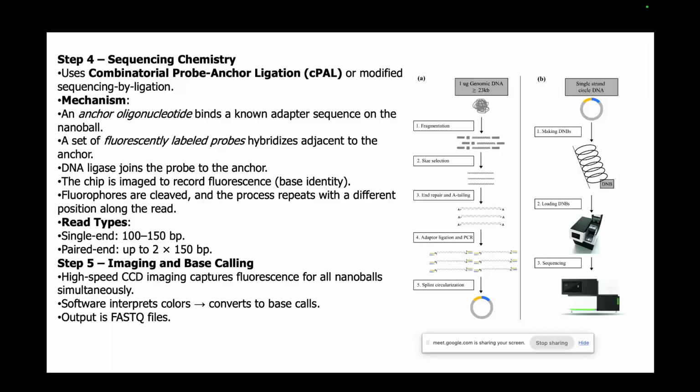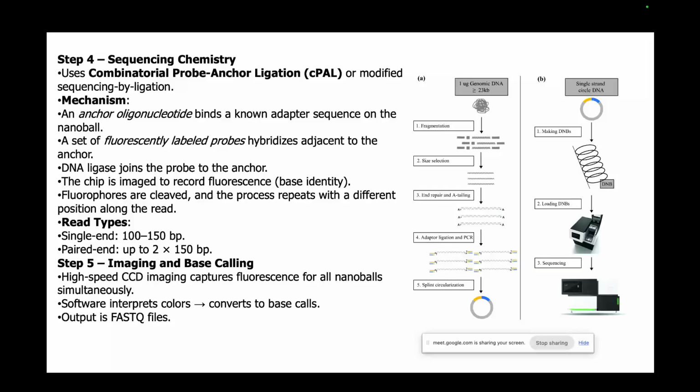And then a set of fluorescently labeled probes will be used to hybridize to the reads inside the nanoball, adjacent to the anchor, and then the fluorescence will be picked up by the imager, and finally the fluorophores will be cleaved, and the process will be repeated with a different position along the read.